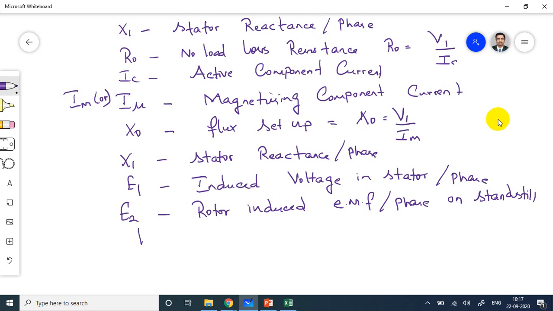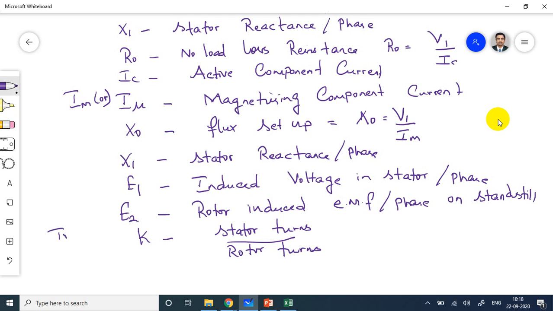Okay, and K is the transformer ratio. The transformer ratio, K, is equal to stator turns by rotor turns.